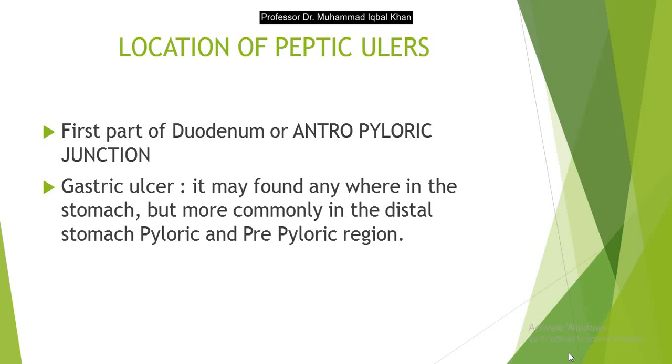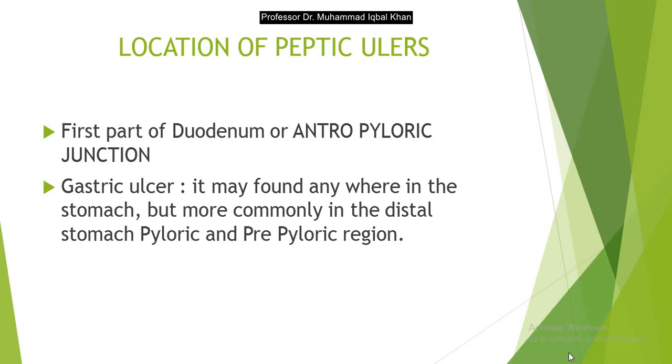The second part has the opening of the common bile duct, common with the pancreatic duct, as the ampulla of Vater, and there is the sphincter of Oddi there. Commonly the duodenal ulcer occurs in the first part of the duodenum. In the rest of the parts, it is not common.